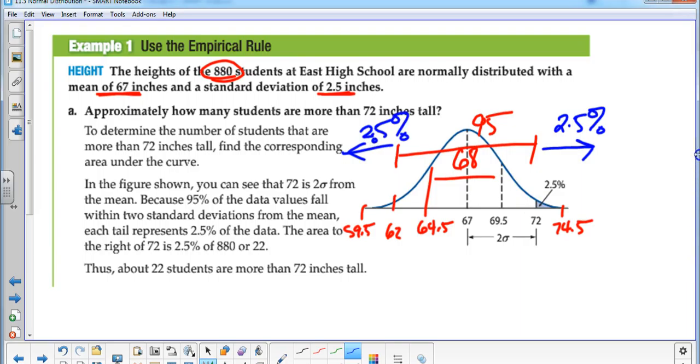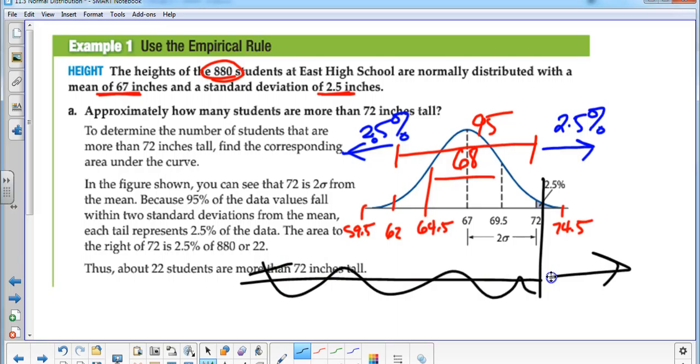And we want everybody at this spot and down or up? More. Okay, I'm going the wrong way. So all we want is this little piece up here. So it's 2.5%. It didn't ask for percent, though. It says how many actual students of the 880. So then you would take that 2.5% times 880 and get 22 students.